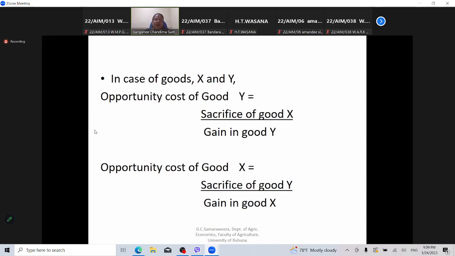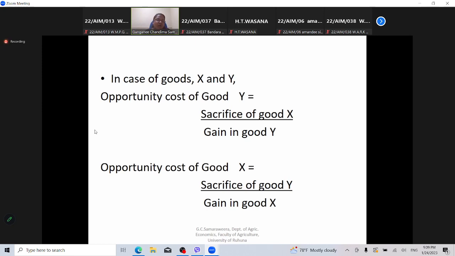So without putting any values, I just put, let's say, the opportunity cost of good Y: how much you're sacrificing of good X, maybe in monetary terms or maybe in qualitative terms, but what are the gains in good Y, maybe qualitative or quantitative both.